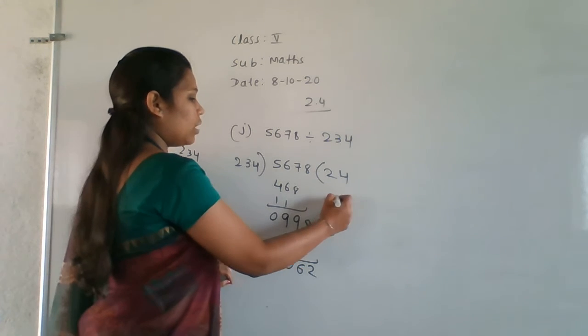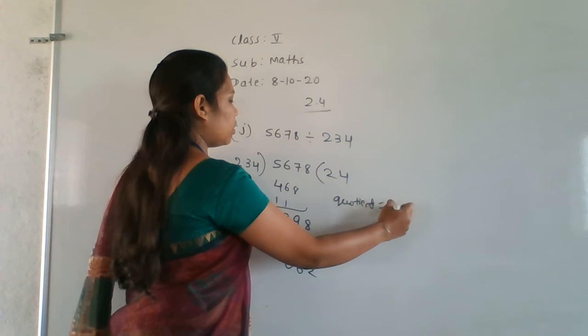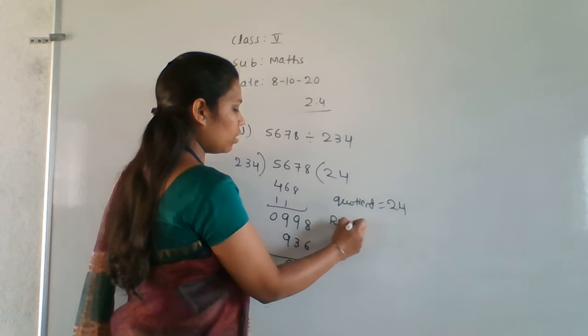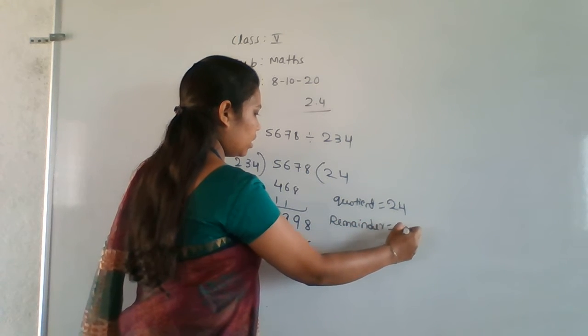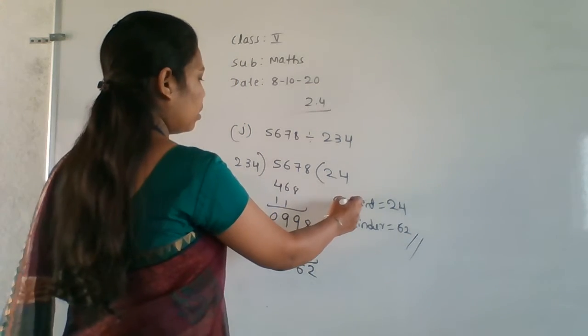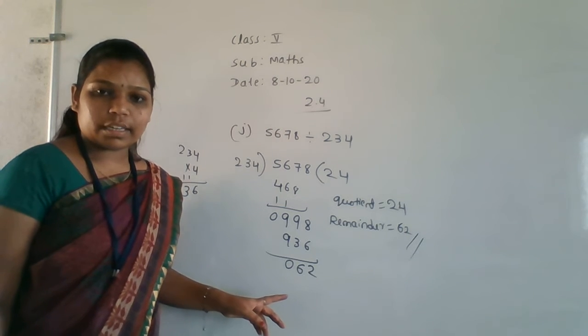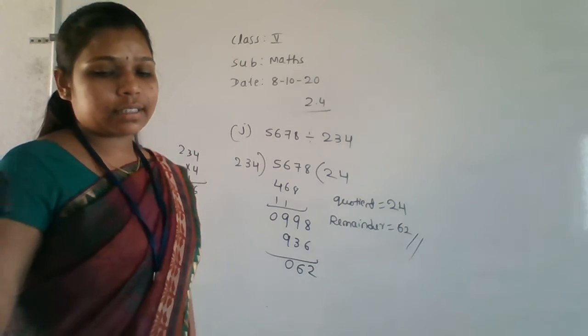Here 0. So write here quotient is equal to 24 and remainder is what? Remainder is equal to 62. Okay. Quotient is 24 and remainder is 62. Getting everyone? Okay.